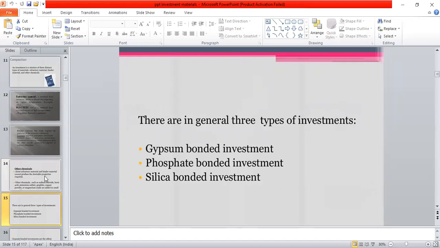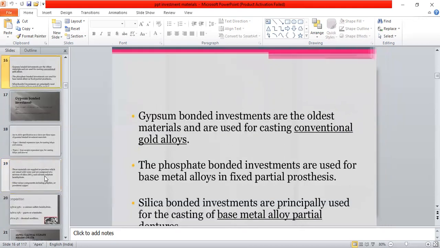First is the gypsum bonded investment material. Second is the phosphate bonded investment material. And third is the silica bonded investment material. First we are going to discuss the gypsum bonded investment material, which is the oldest material and is used for casting the gold alloy.